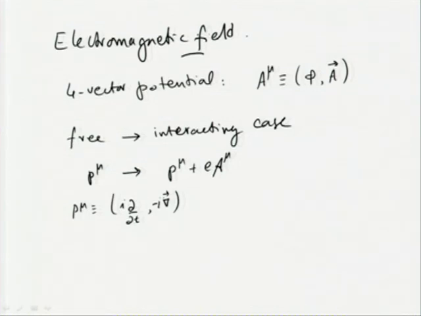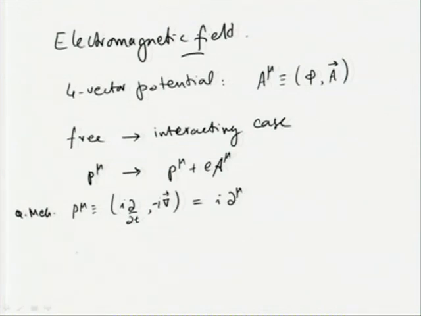From classical to quantum mechanics, what we have to do is to consider the momentum as an operator. So, p mu is basically I dou by dou t and minus I gradient, and in compact notation, we can take it as I dou mu.